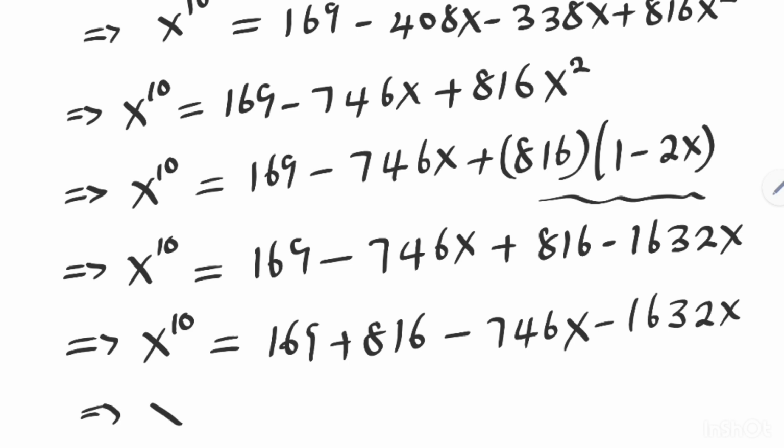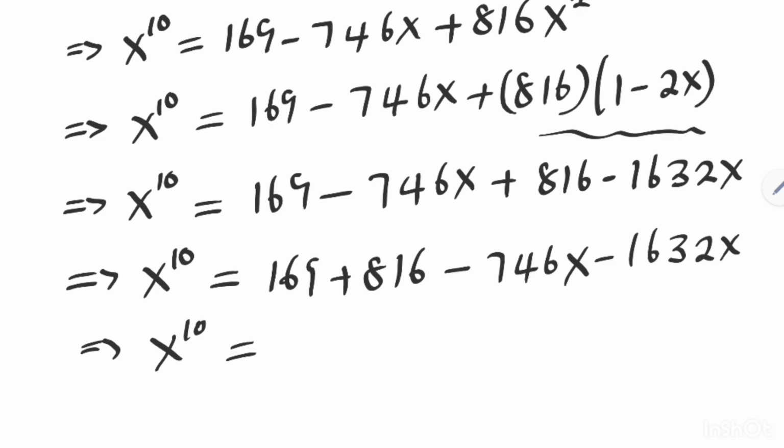This is x raised to power 10 is equal to 169 plus 816, so that is 985, minus 746x minus 1632x, that is 2378x.